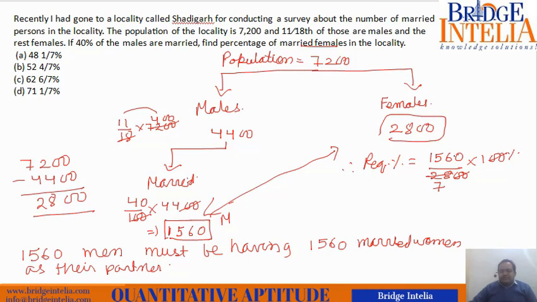So 7 times, this is 44, 440 by 7. So this comes out to be 62 6 by 7 percentage.